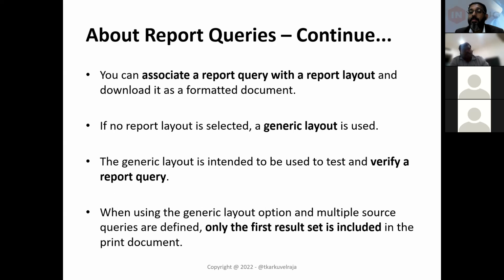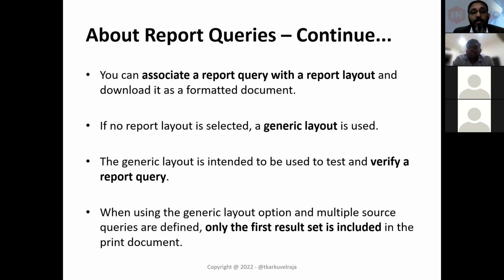For example, in the report layout, I have two sets of layouts, like one is a report and another one is a chart. How can I achieve this? For that, you need to have two result sets, like two source queries defined.